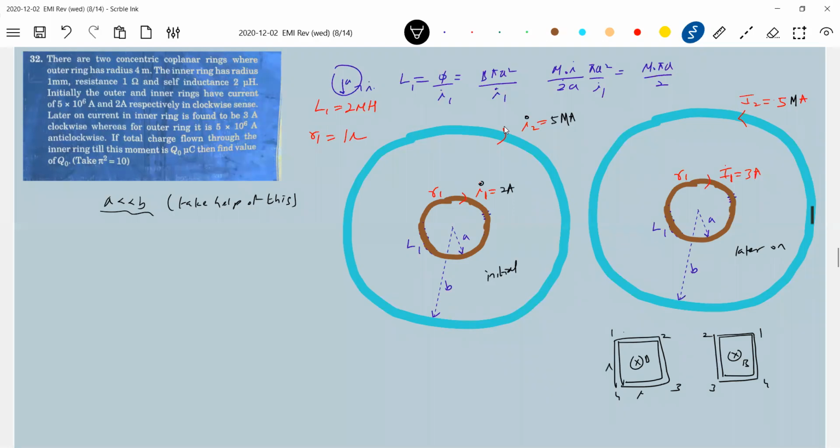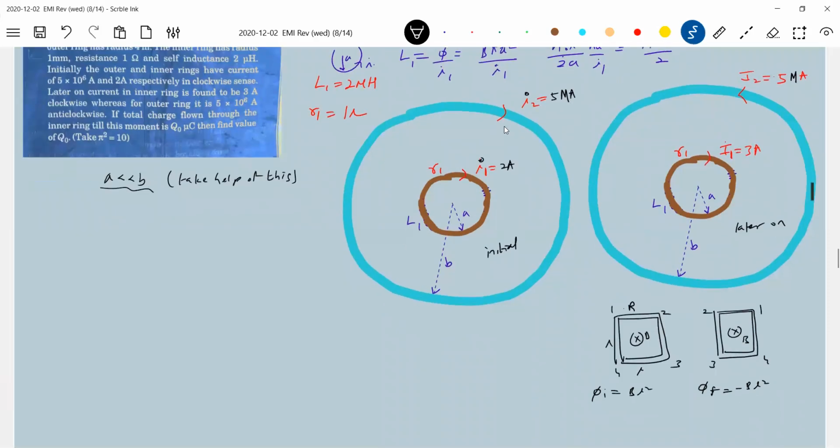So this is having a resistance capital R. Let's assume that. Can you say what is the flux linking? Initially, let's assume n cap is in the direction of that. Finally, the n cap will be opposite to this. So what is the initial flux? B into L square. What is the final flux? Minus B L square. So what is the change in flux?